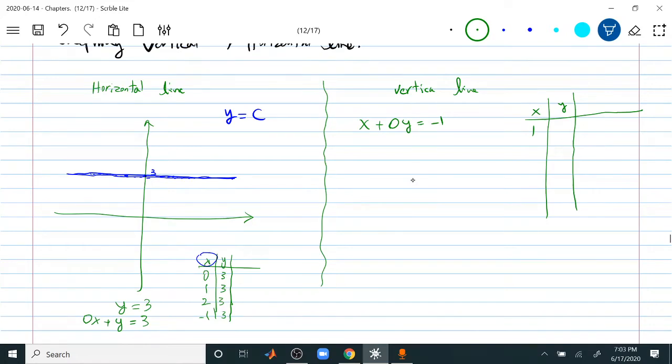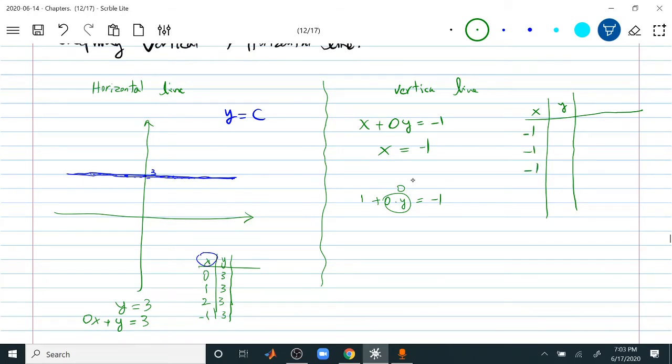Try this: 1 plus 0y, 0 times y, equals -1. 0y is 0. So you have 1 plus 0 equals -1. There is no solution. Because if you simplify this equation, this means x equals -1. That means you do not have the option to pick 1 for x. You always have to pick -1.